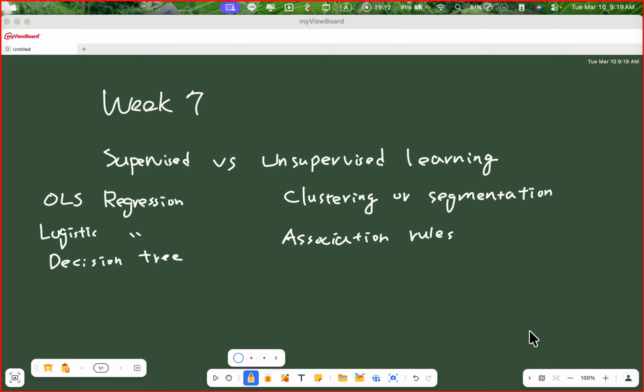So this line is a regression line to represent the actual data, but the predicted Y is here. It's this kind of value, right? And the actual Y is here. So now we have a distance, right? We have a gap. It means predicted Y minus actual Y. We have a gap of distance.